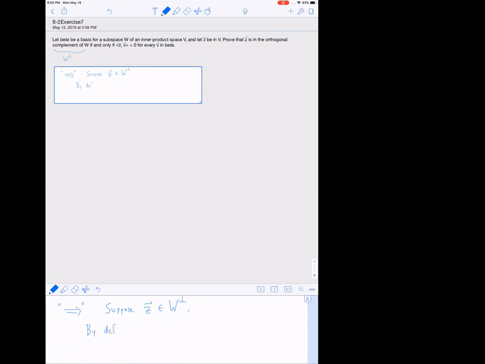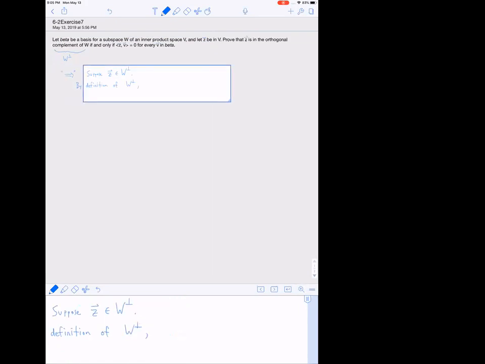By definition of W perp, for any vector W in W, capital W, the inner product of Z with W is equal to 0.